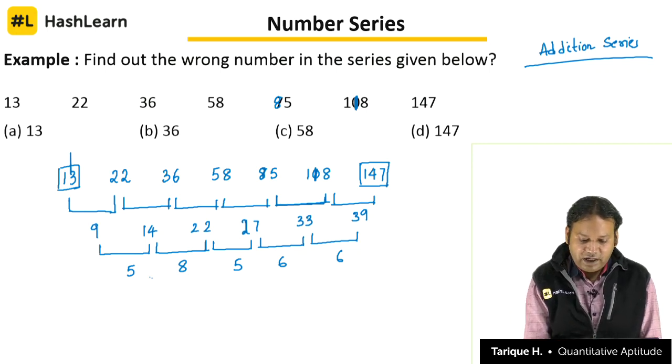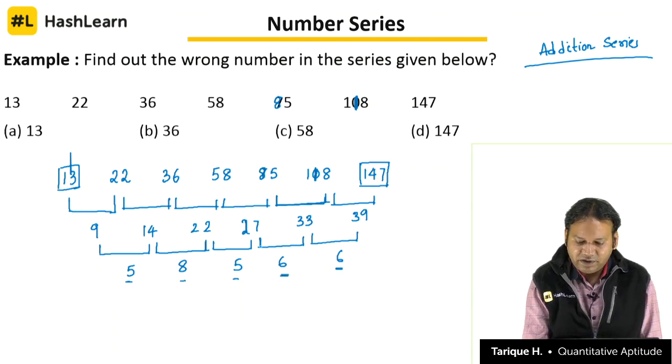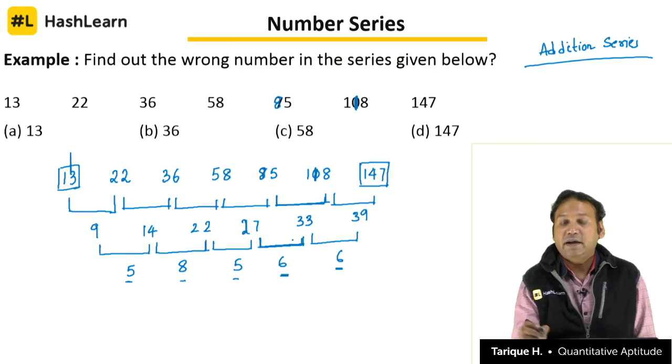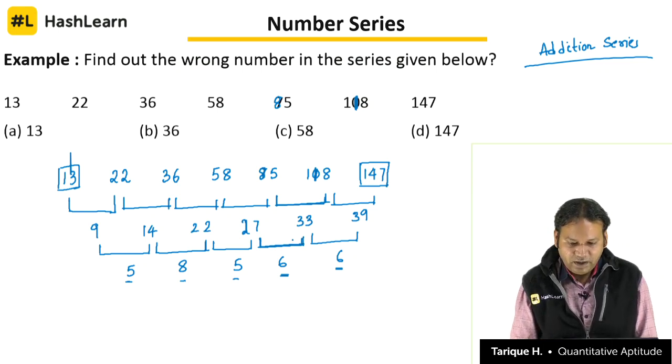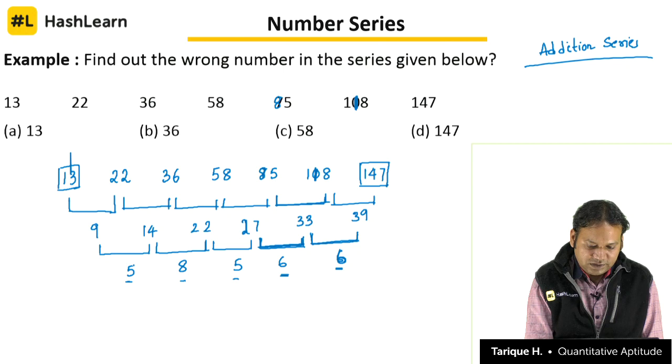So if we are getting different differences here, 5, 8, 5, and then we have 6, 6, we can clearly see that there is a pattern of continuity here, which is why I corrected the number from 75 to 85. Okay, now 85, so 27 plus 6 is 33, 33 plus 6 is 39, the pattern is of 6 here. So why can't the pattern be of 6 here also?